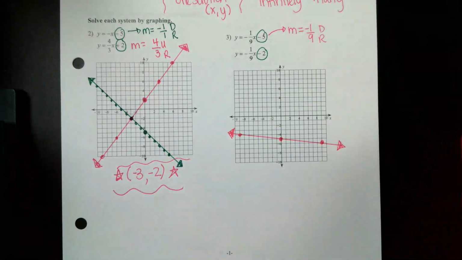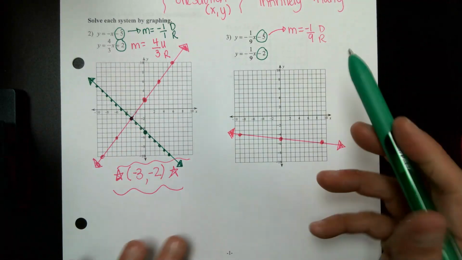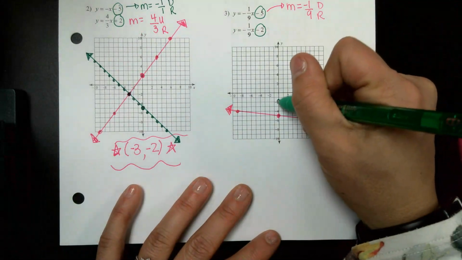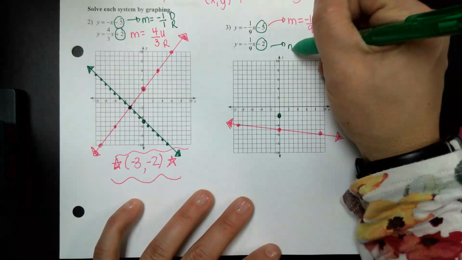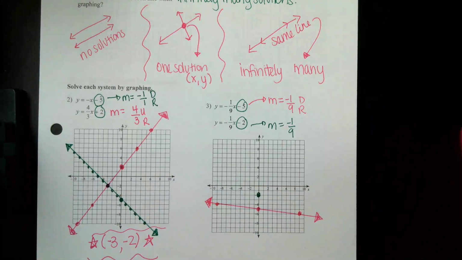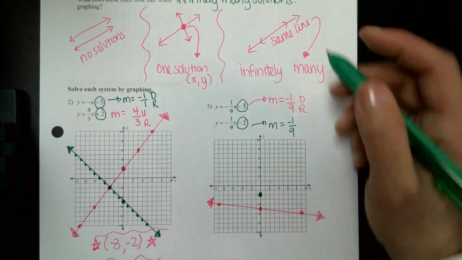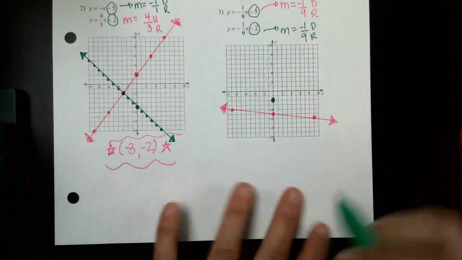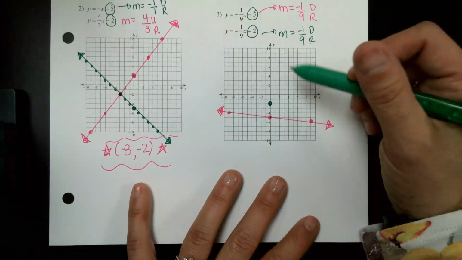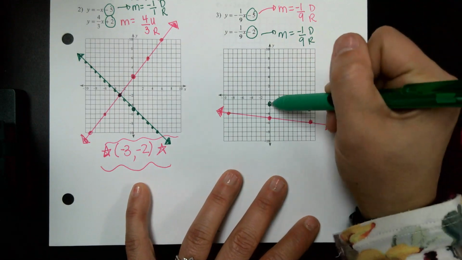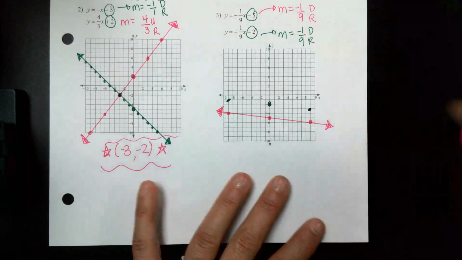So then for the bottom equation, we're starting at -2. So I'm going to start here. But then if you guys noticed, see how the slopes were the same? If slopes are the same, shouldn't they run parallel to each other? They should. So I'd go down 1, right 9, or up 1, left 9.